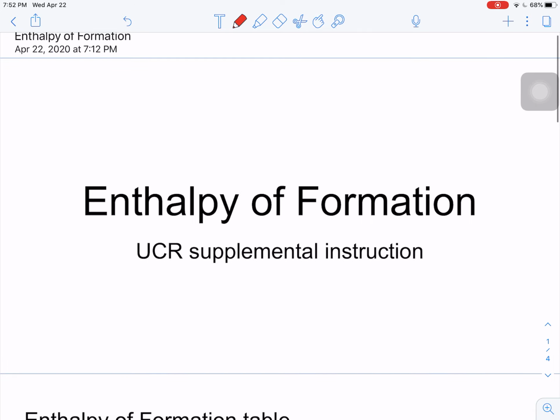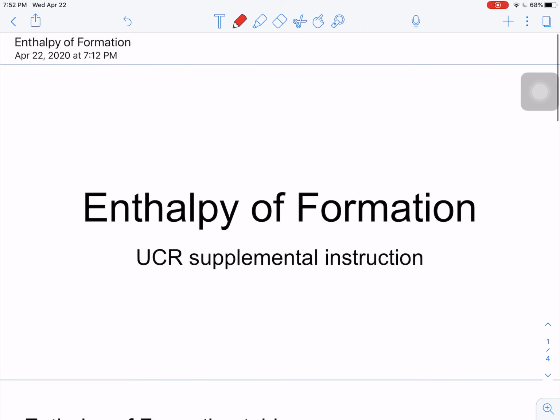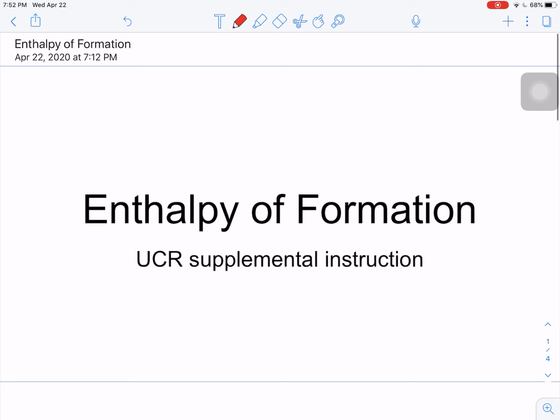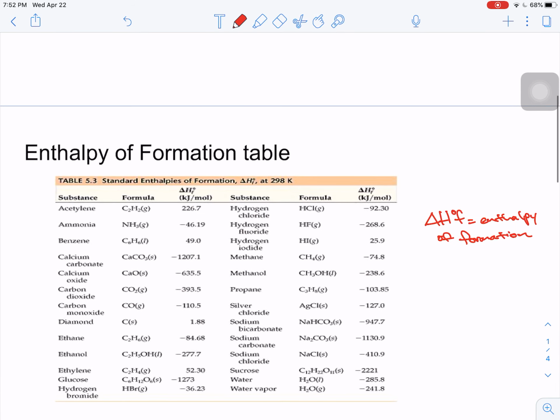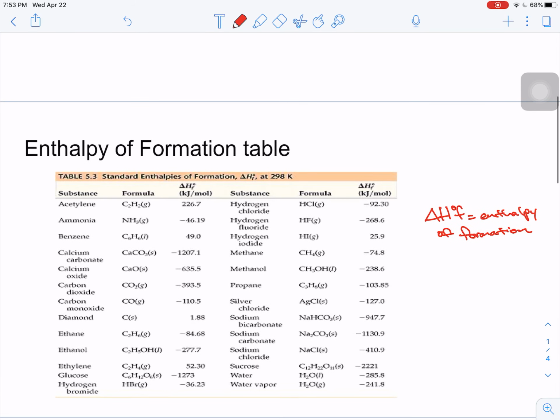So the first thing I want to talk about when we talk about enthalpy of formation is the types of materials you will probably be getting when you need to solve these problems. The main component being an enthalpy of formation table. You might not get a table that looks exactly like this.